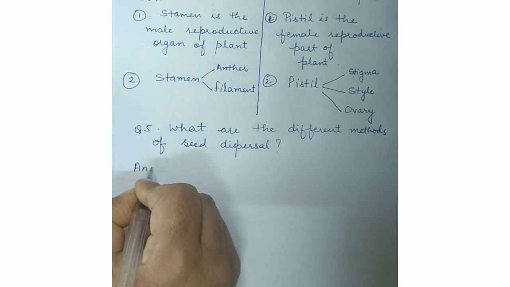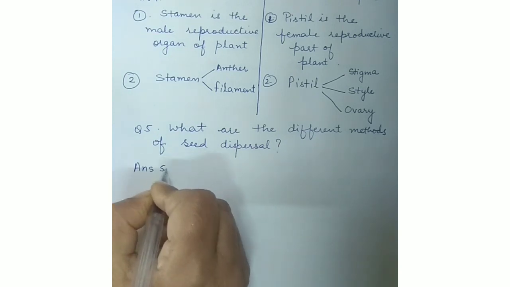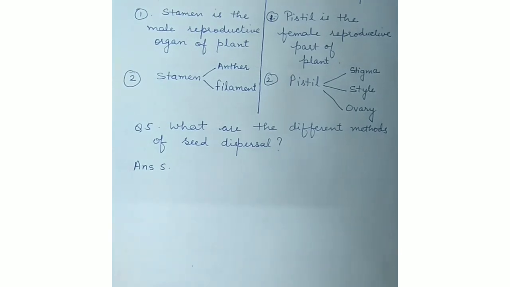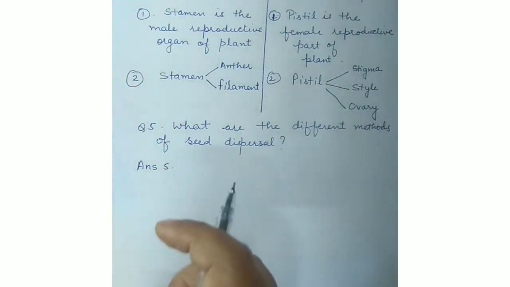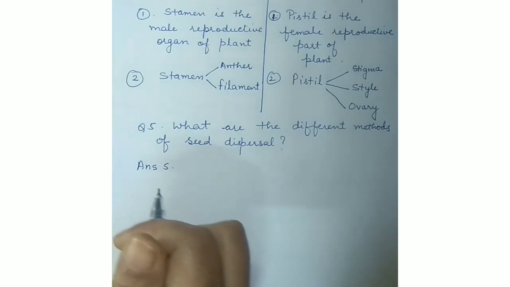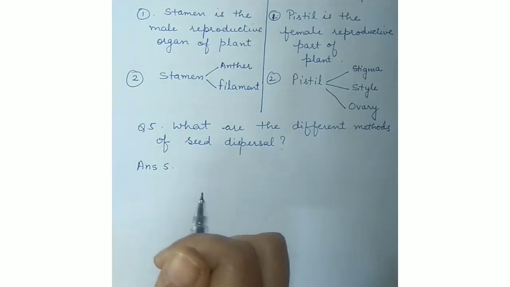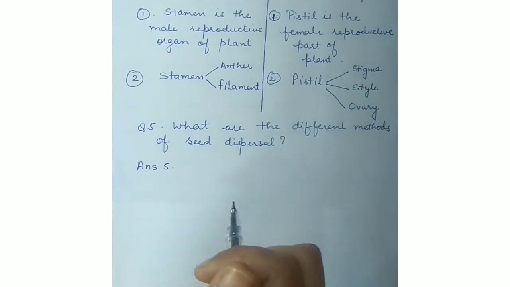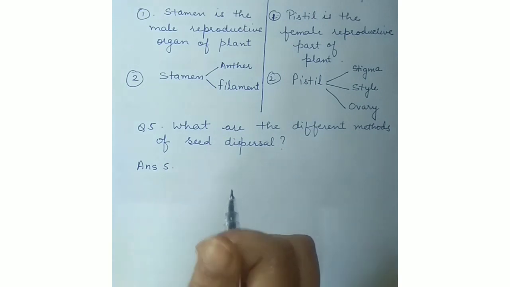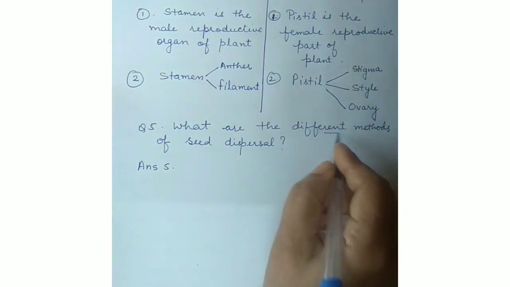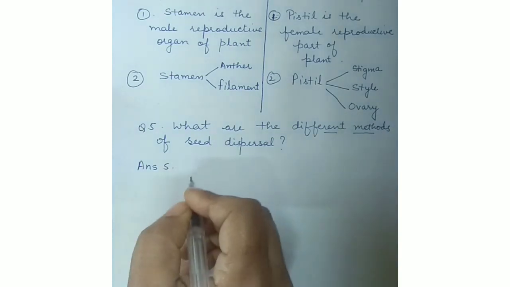Now what do you mean by seed dispersal? The movement of seeds from the parent body to different regions through various media like water, wind, animals, bursting of fruits. So you have to write down only methods in this answer.